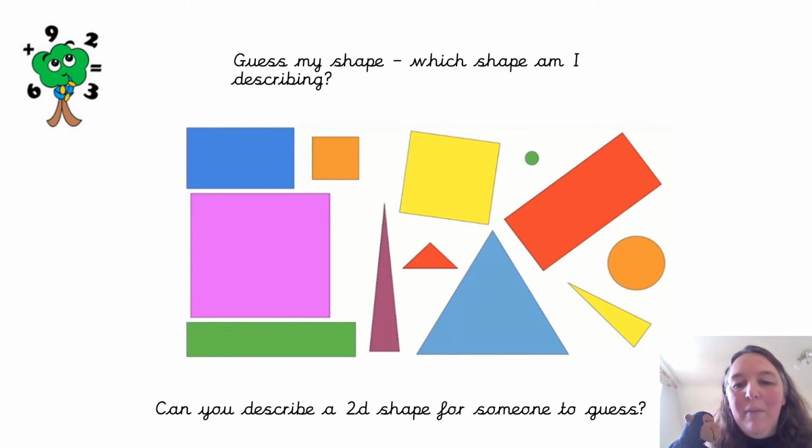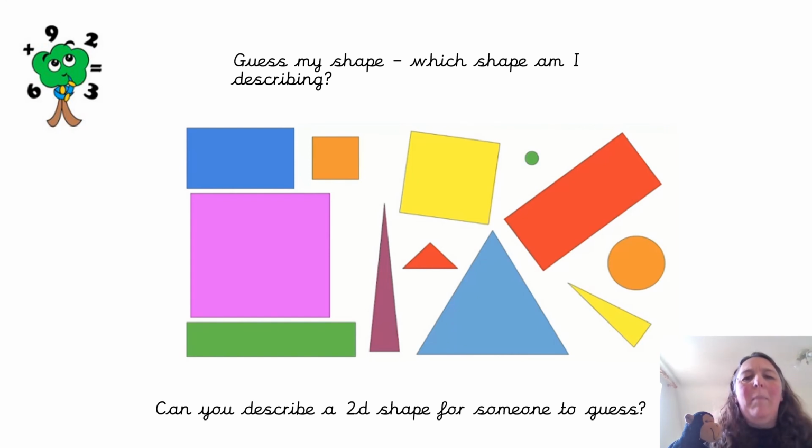Okay, last one. This shape has one curved edge, one curved side. No vertices.